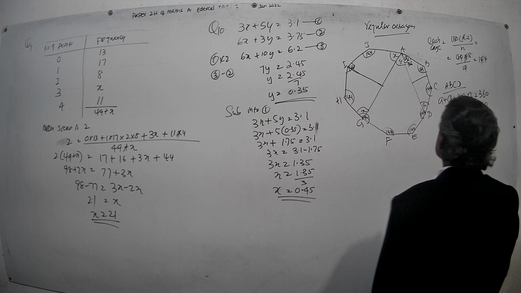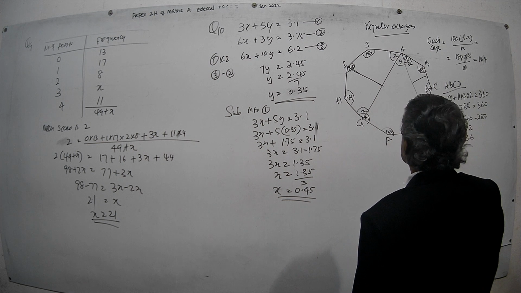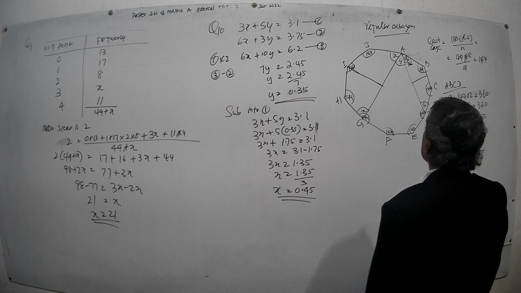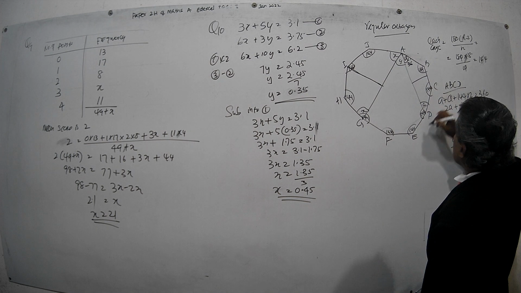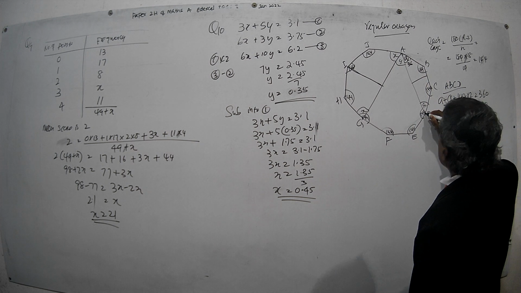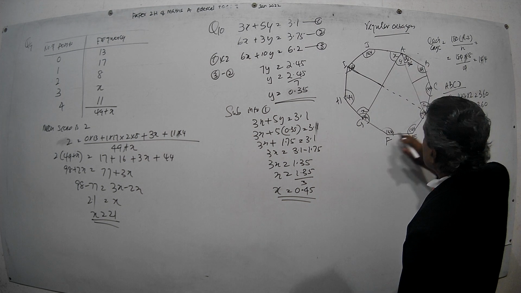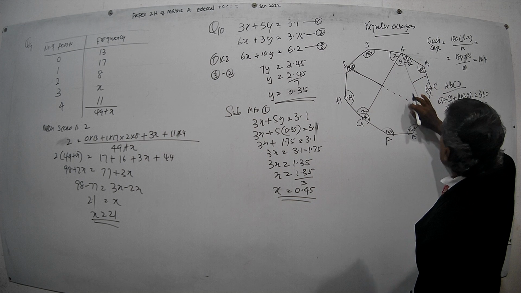Now again, if you take this part A, B, C, D, E, F and draw a line from this point to the midpoint, this part is again symmetrical along this line.